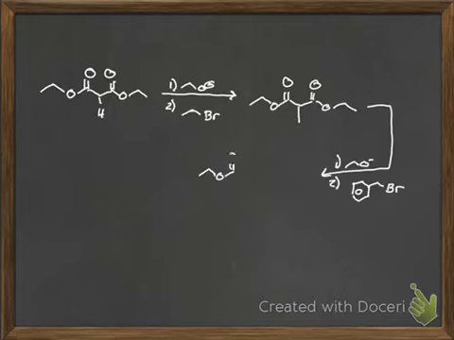So, we haven't done anything to the ester yet. It's still intact. And here's our intermediate. We heat this up with acid. Again, this is not enough heat to decarboxylate.